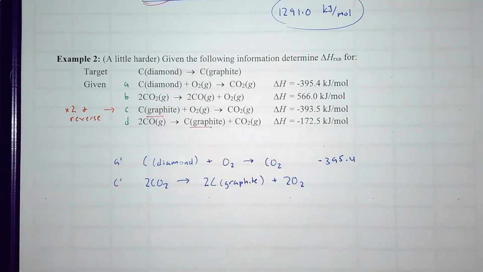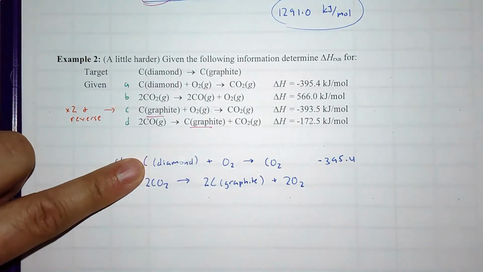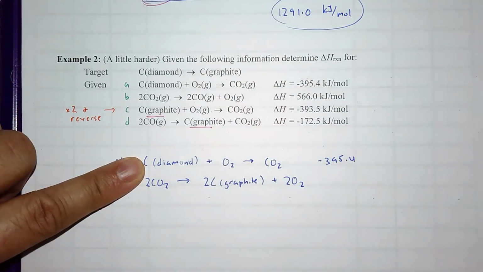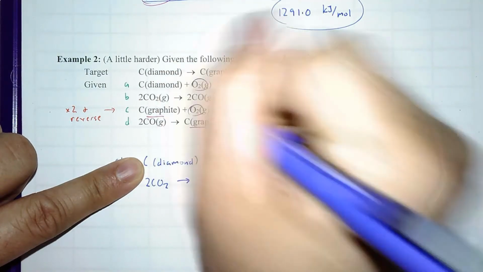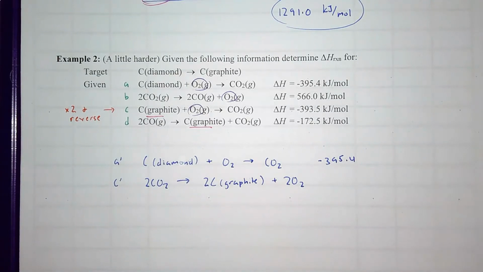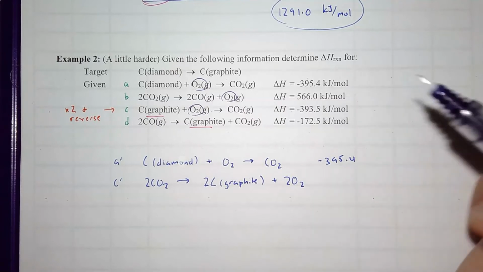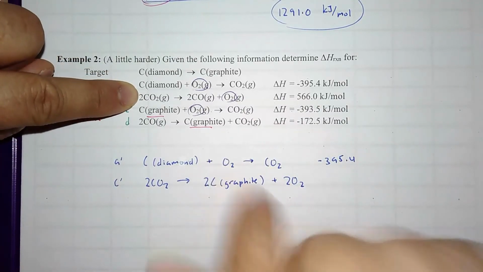You see sort of why this here is kind of a tip, because I could never cancel those O2s out unless I have an even number. Okay, same thing for CO2. There's 2 CO2.